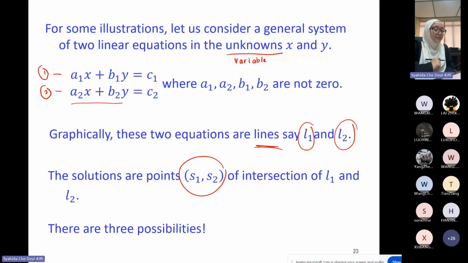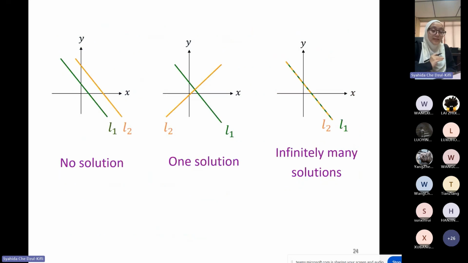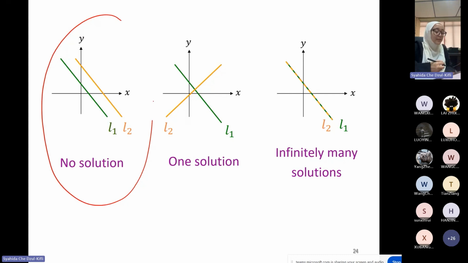The first possibility is whenever L1 and L2 are parallel, right? They are parallel, so we can see that there is no intersection of L1 and L2.